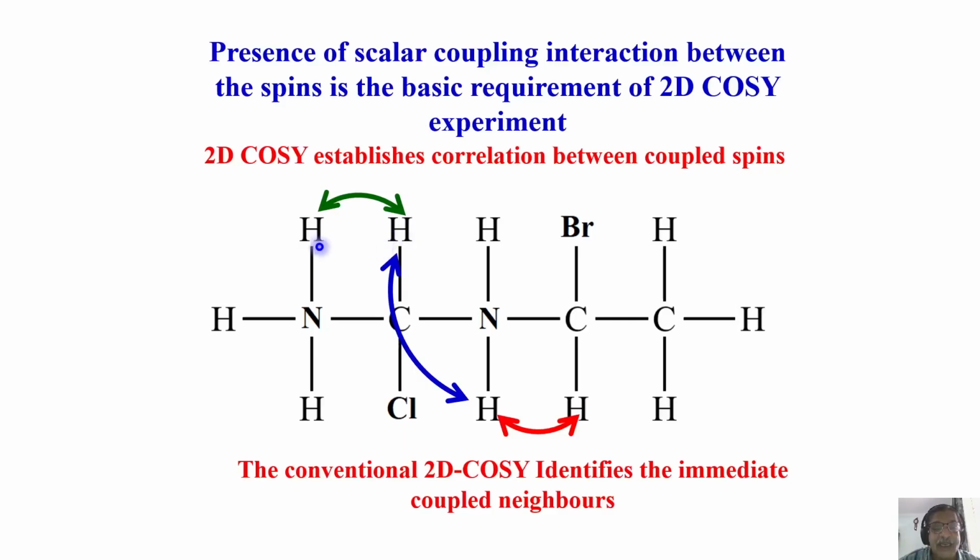But that does not mean it cannot give its magnetization to the protons it is coupled to, which are 2 or 3 bonds away. It can also give rise to long range coupling and a cross peak to that one. So although I have written that 2D COSY conventionally identifies immediate coupled neighbors, please remember you can also get cross peaks to the long range coupled protons. Please remember this point.